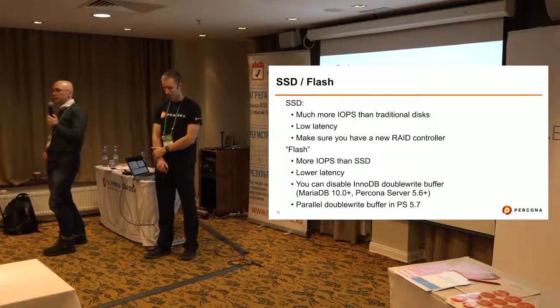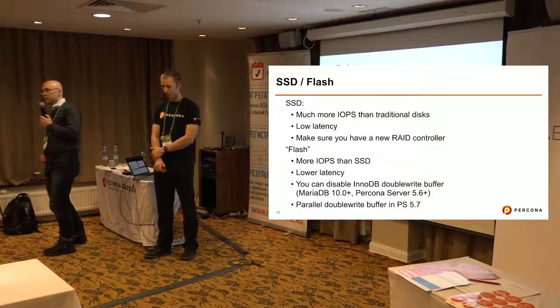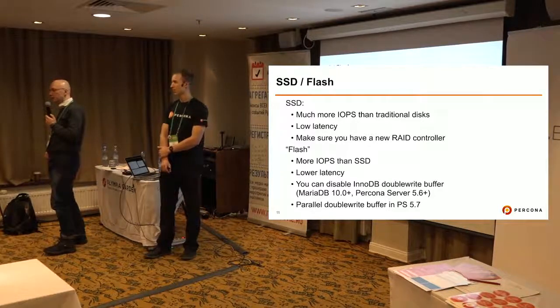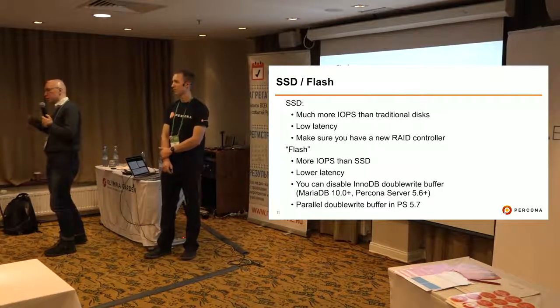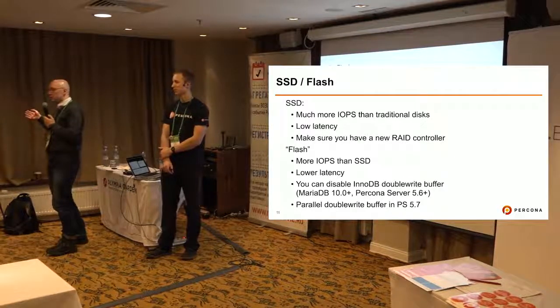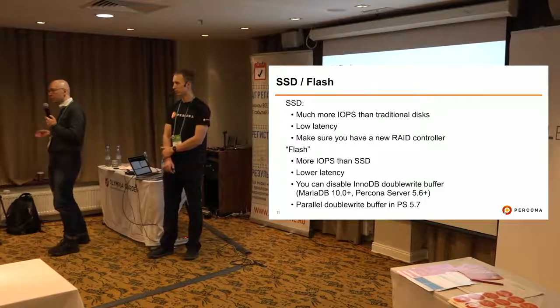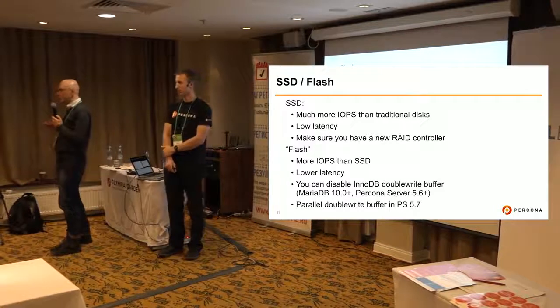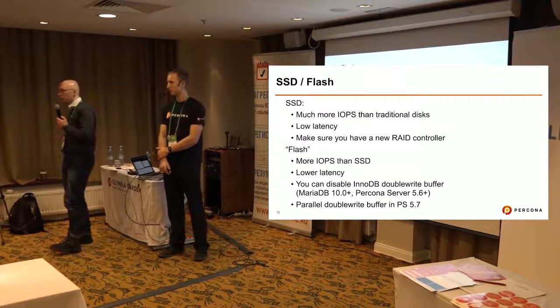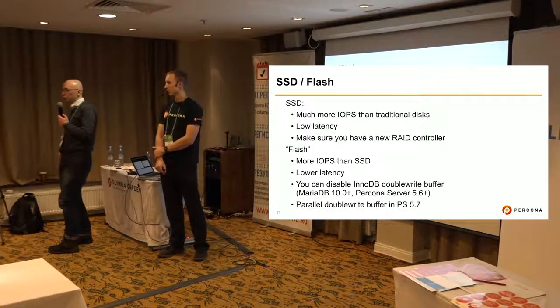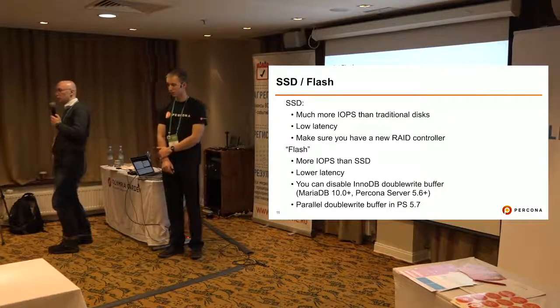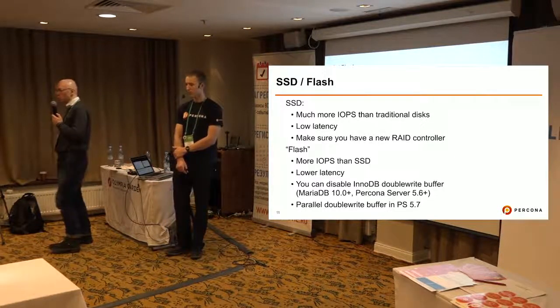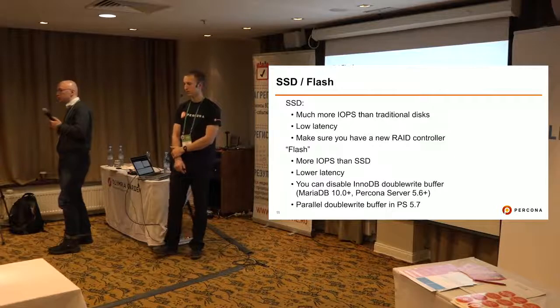But as I understand, this feature is not implemented for a significant amount of other storage from different vendors. It is a specific feature of Fusion IO. And for other things, you should have double write enabled to avoid partial page updates.